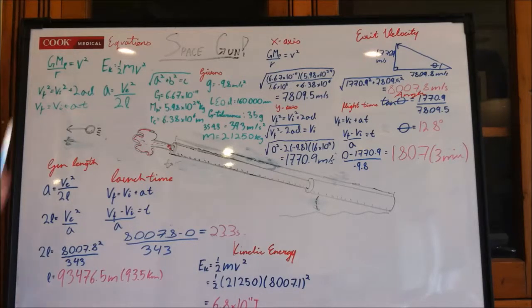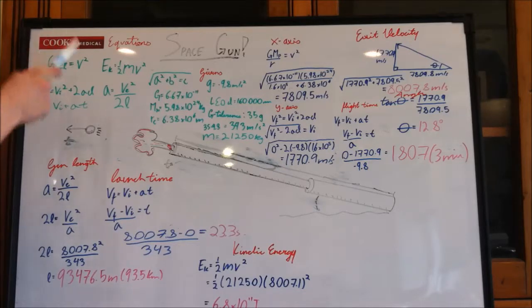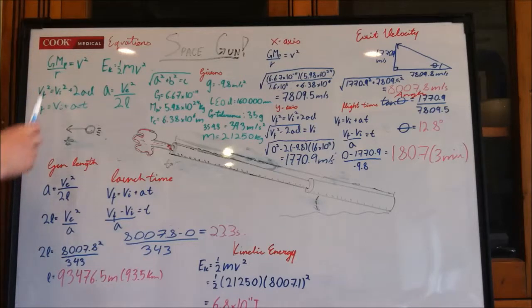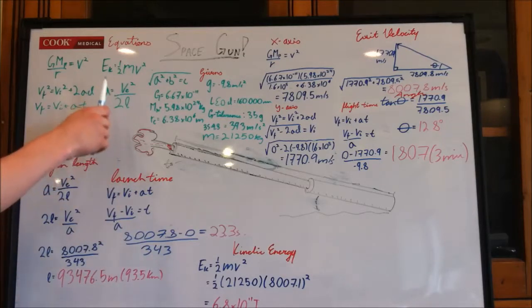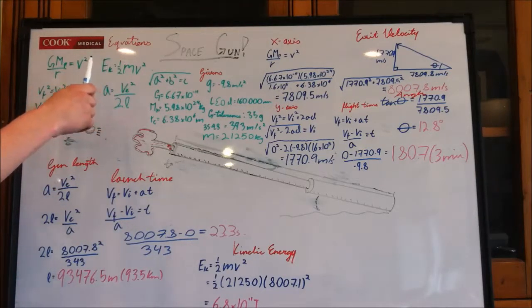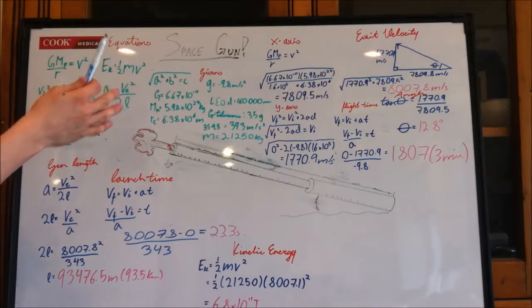So, to start off, we're going to look at the equations that we need. This equation we need to find the velocity that our projectile needs to be to orbit. We have kinematics equations here for finding the times and velocities. We have the kinetic energy equation for finding the kinetic energy.